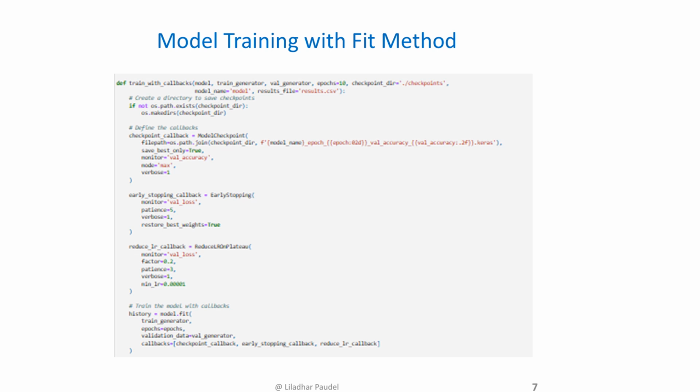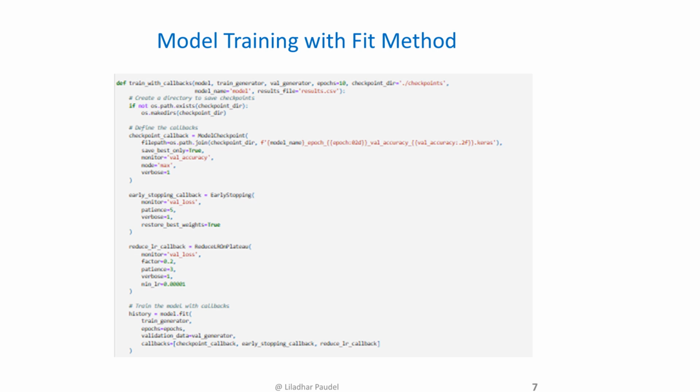While training, I set up checkpoint, early stopping, and reduce learning rate callbacks to address the problem of overfitting, and save the trained parameters in the history parameters, which can be retrieved and plotted.